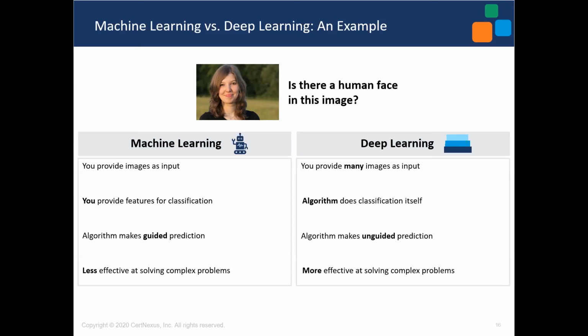So again, it starts simple, as we saw on the previous slide, with basic shapes. It then identifies those shapes as parts of the face. And then from the parts of the face, it will identify if they are within a face. And then the algorithm itself says, oh okay, these parts essentially create a face, and this is a face.